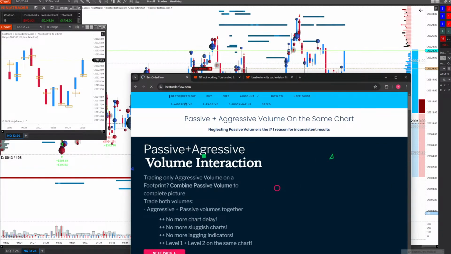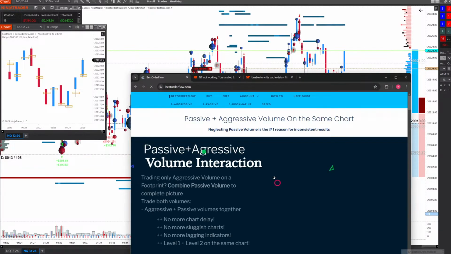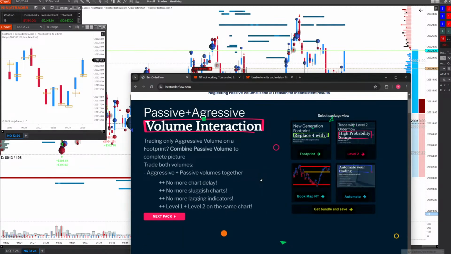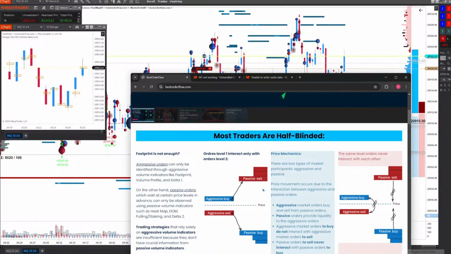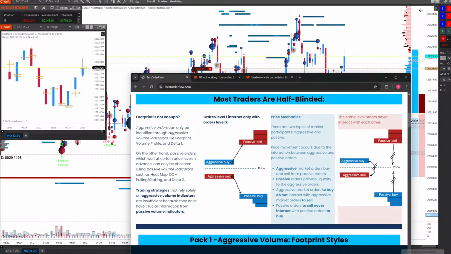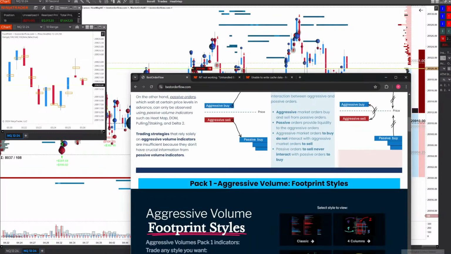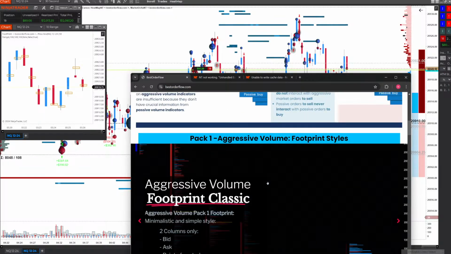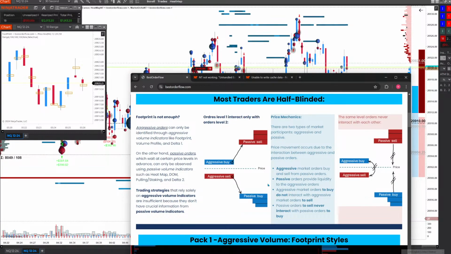You go to the homepage and you see a presentation about the indicators, passive and aggressive, market and limit orders. Most people don't even understand this very simple schematic of how the price is getting matched. That's why they're trading only with volume profile or footprint, and it's only half of the information.